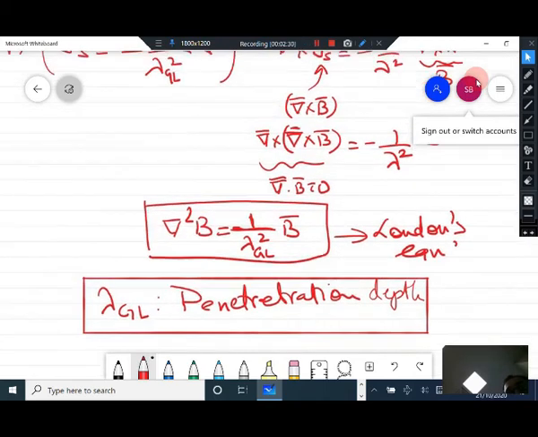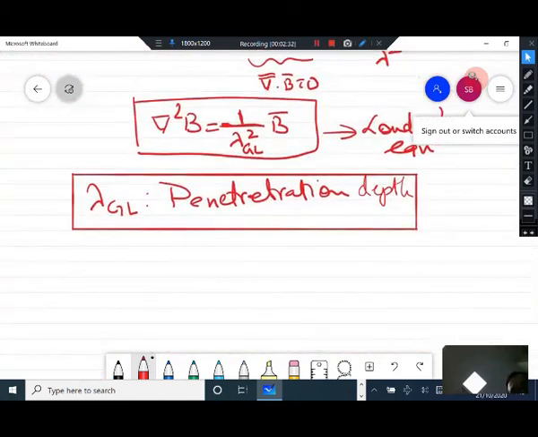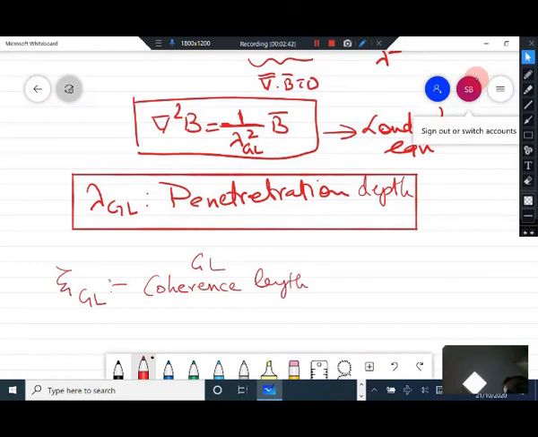So not only do you get information about xi GL, the Ginzburg-Landau coherence length, which is the length scale over which the order parameter goes to 0 as you approach a superconducting boundary, vacuum to superconductor.